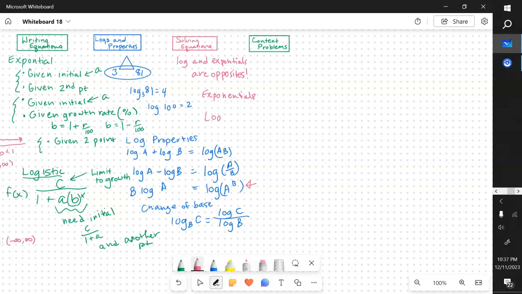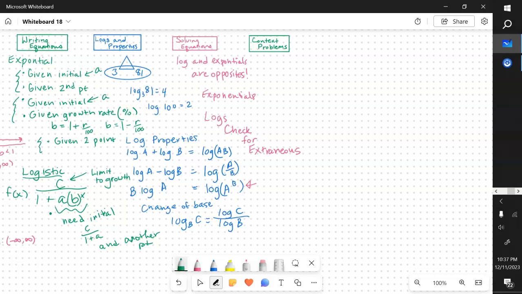With logs, if you're solving a log equation, you have to check for extraneous solutions because the domain for log is from 0 to infinity. So you have to make sure you're using a number in that range. If your solution is a number that would make your log negative, then it is extraneous.